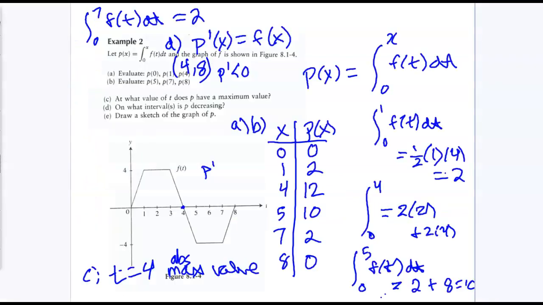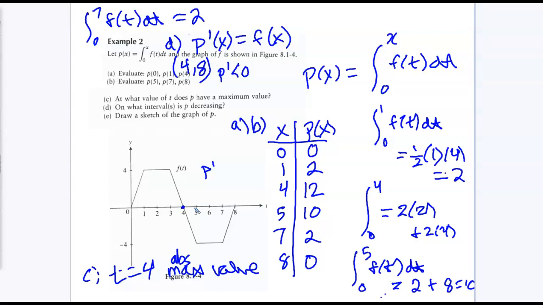Now, looking at the graph of the derivative, wherever the derivative is positive, it's increasing. So I know it's increasing from 0 to 4, and from 0 to 1 it's increasing in a concave up fashion. Then it's increasing at a constant rate, and then it's increasing in a concave down fashion.